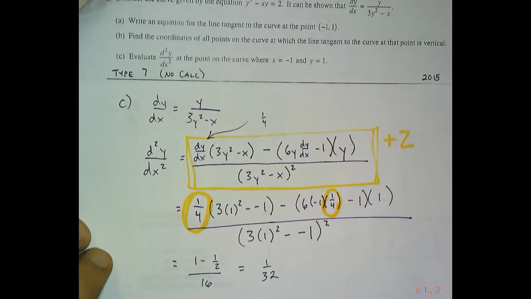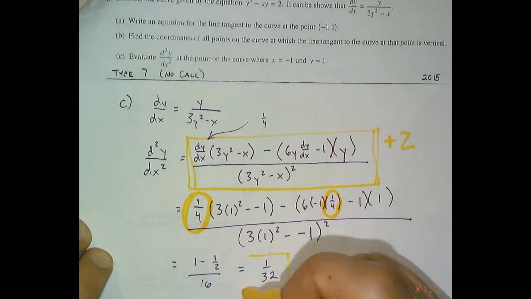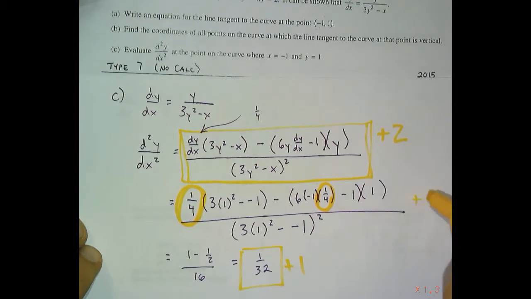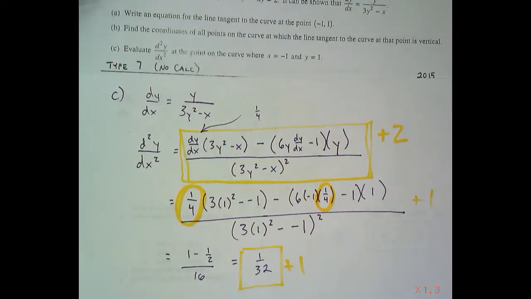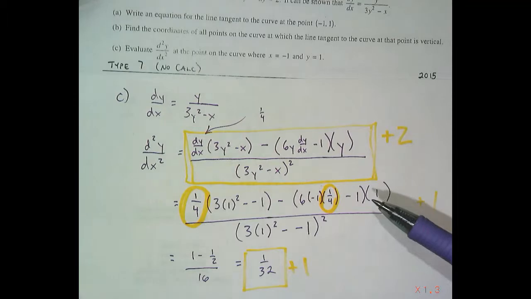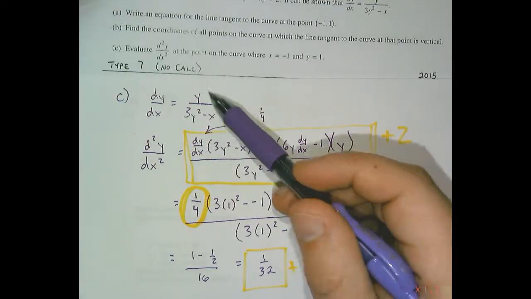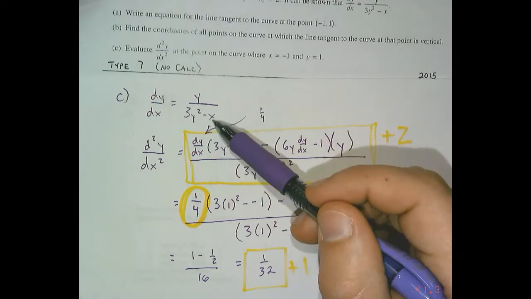And then your last point comes from, do you have the correct numeric answer? Now, if you didn't have an xy coordinate pair to plug in, you would instead plug in y over 3y squared minus x into that slot.